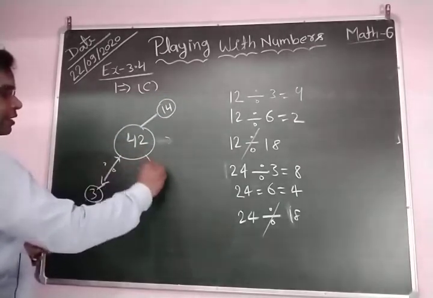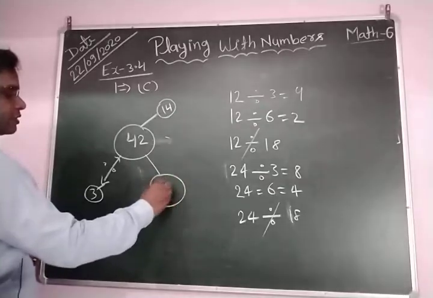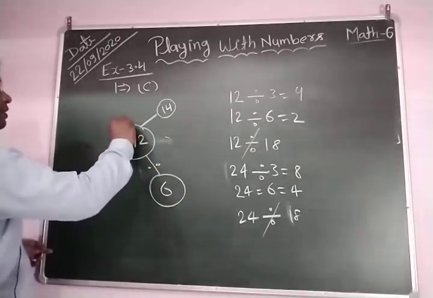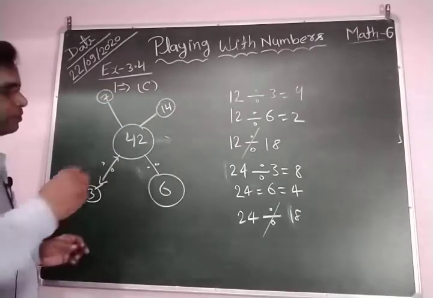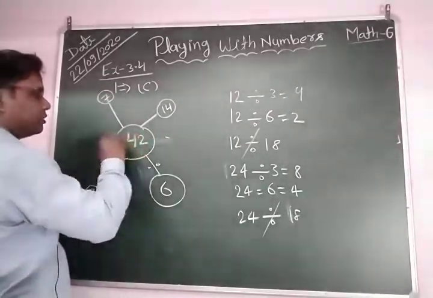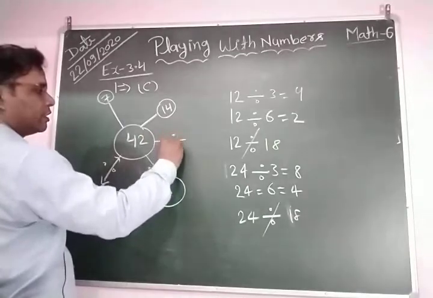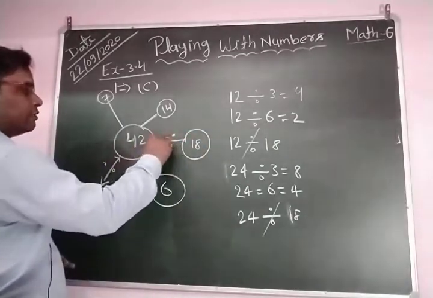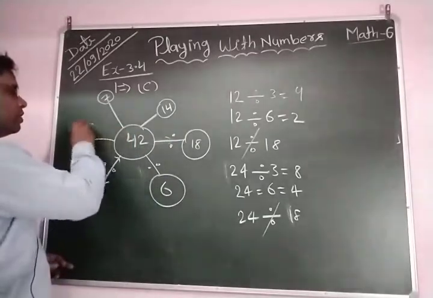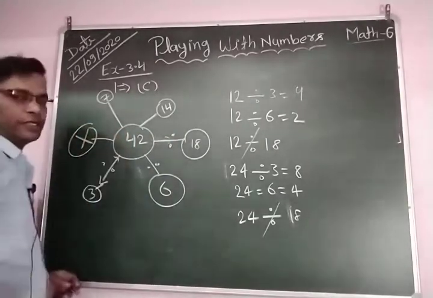Okay, and this is also divisible by 6, and we find the quotient is 7. But this is not divisible by 18. 18 does not divide 42, so we do not obtain any quotient.